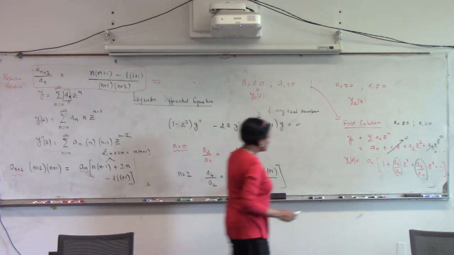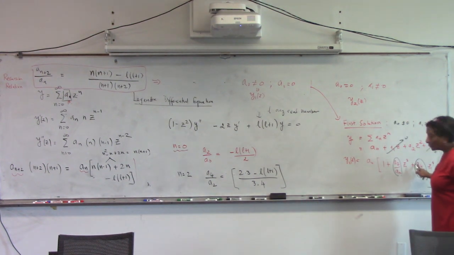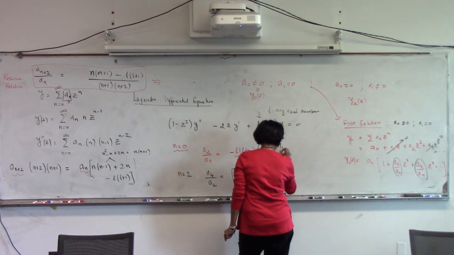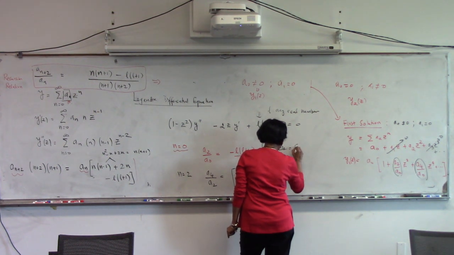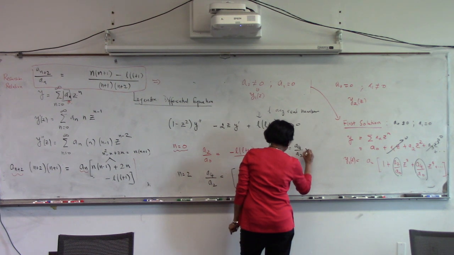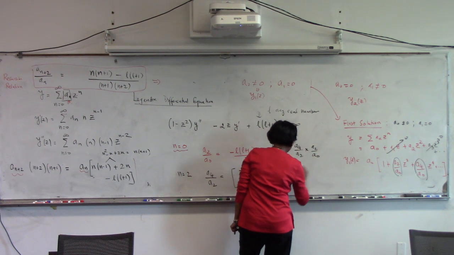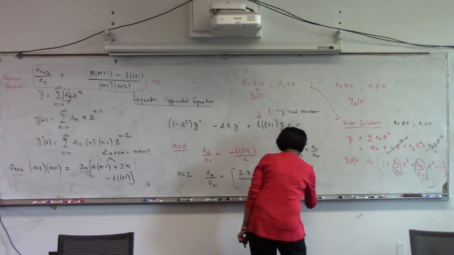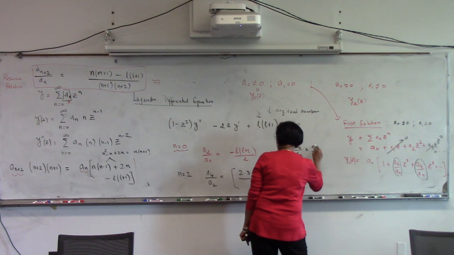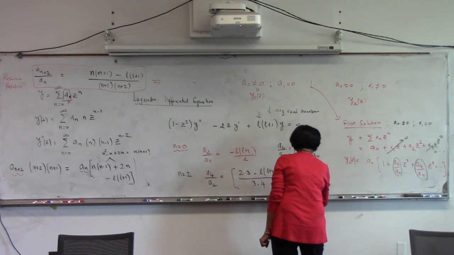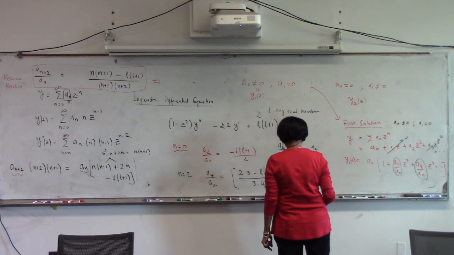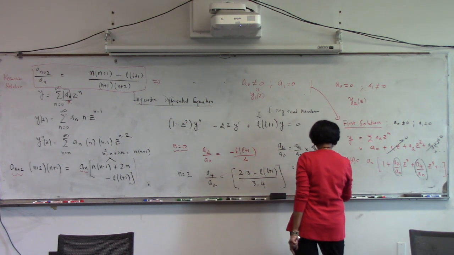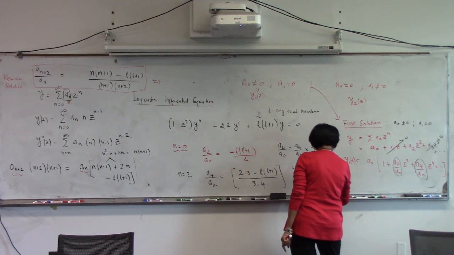But what I need is not A4 or A2 for finding the solution. What I need is A4 over A0. So this tells me A4 over A0 is nothing but negative L times L plus 1, which is A2 over A0, divided by 2, right? There is A2 over A0 is that, and then I have all these terms.